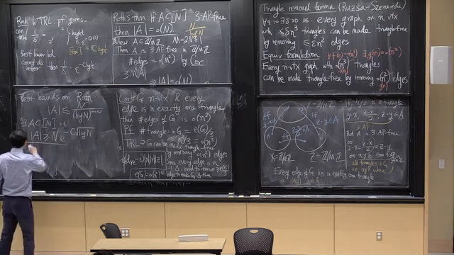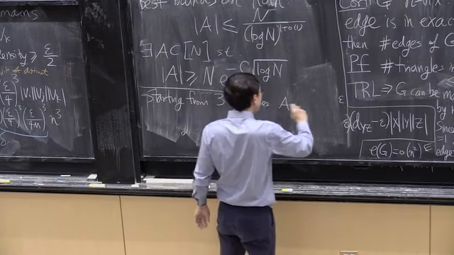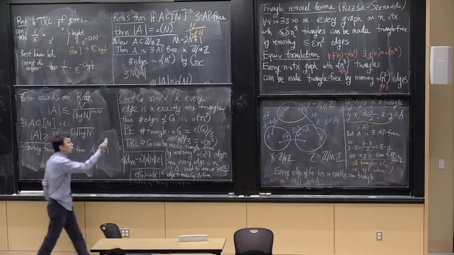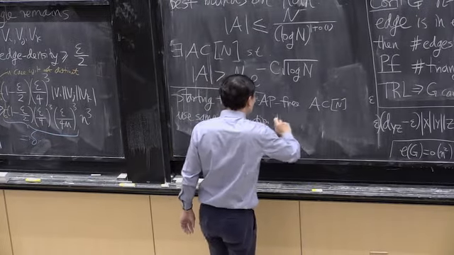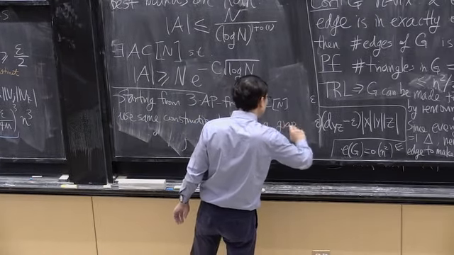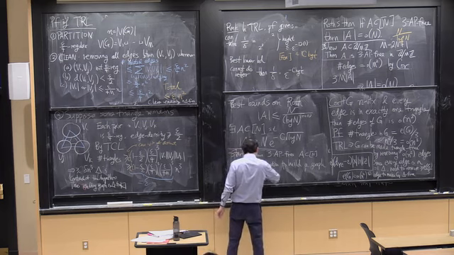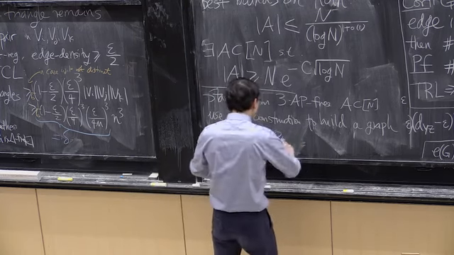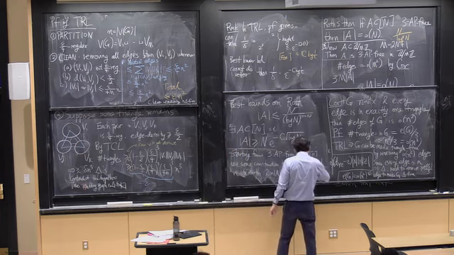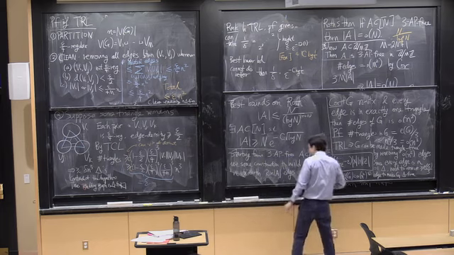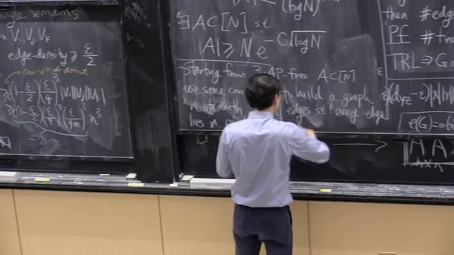Starting from this 3AP-free A, we can use that construction to build a graph on n vertices with essentially on the order of n times the size of A number of edges, such that every edge lies in exactly one triangle.